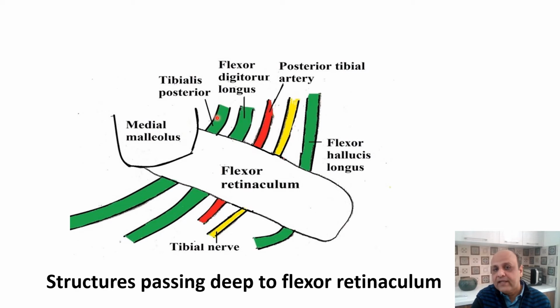T stands for tibialis posterior, D stands for flexor digitorum longus, A stands for artery of the posterior compartment, that is the posterior tibial artery, N stands for nerve of the posterior compartment, which is the tibial nerve, and then H stands for flexor hallucis longus. So these structures pass deep to the flexor retinaculum. Remember, you don't have to mention the mnemonic to the examiner, that is just for you. You need to know the structures as they pass deep to the flexor retinaculum from medial to lateral side.